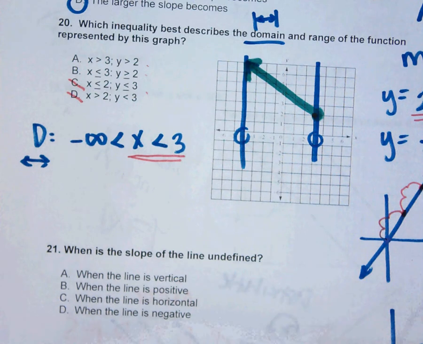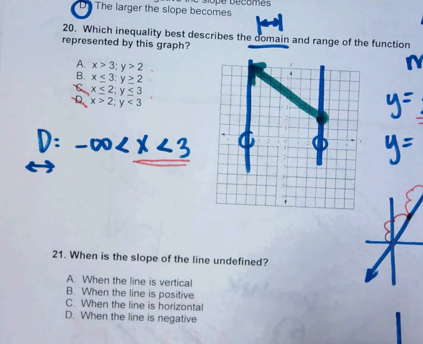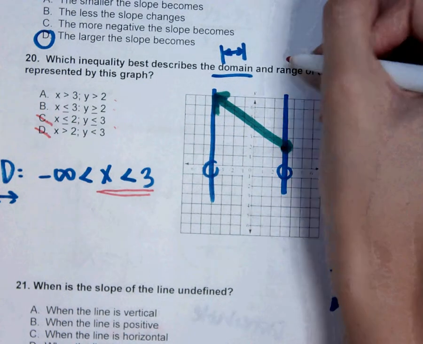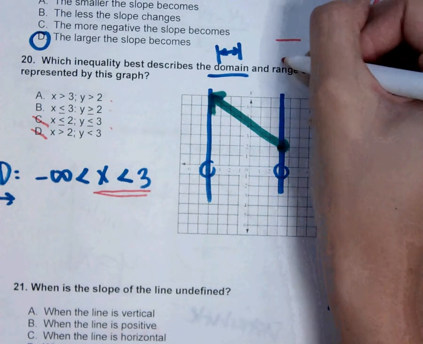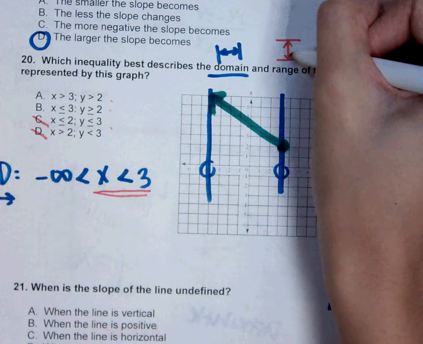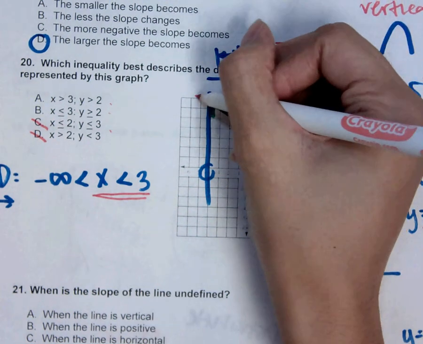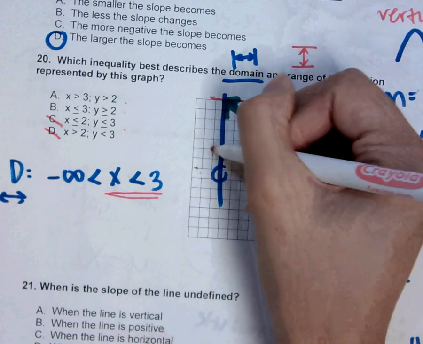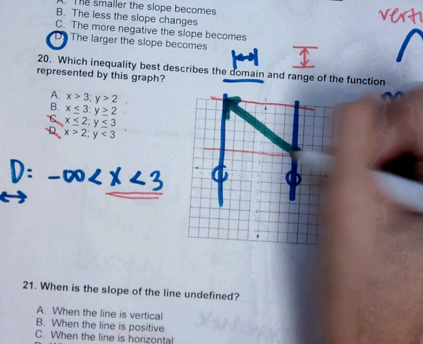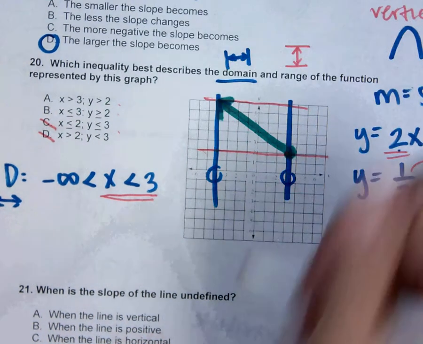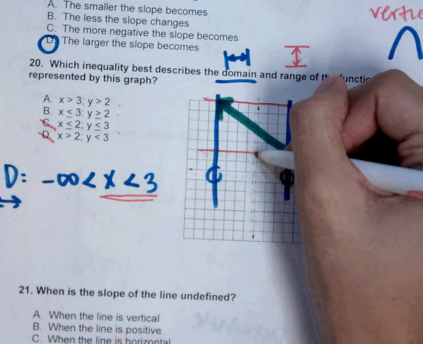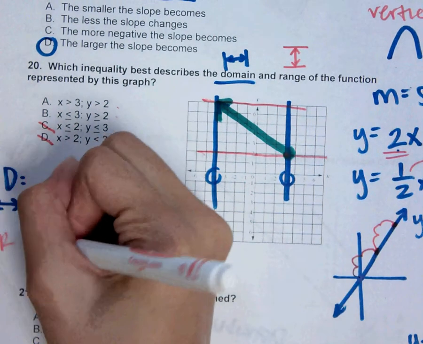And so let's do range. With my range, I like to think of it as my roof and my floor. My roof is the highest possible of my graph, and my floor is the lowest possible of my graph. Obviously, when you think of roof and floor, the floor is the lowest, right? So let's go with the lowest.